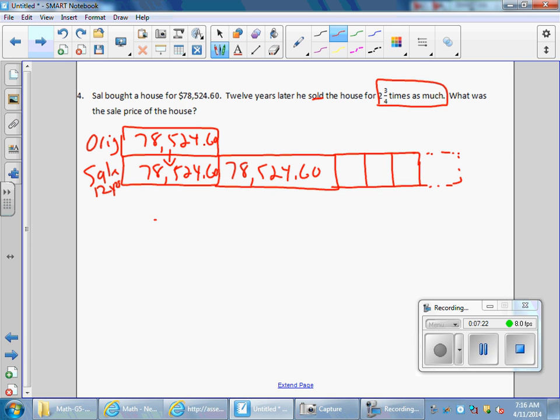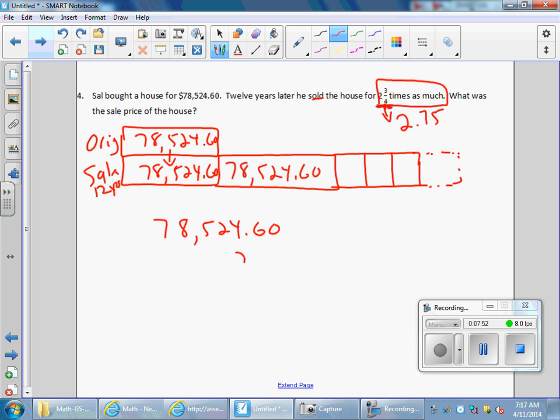I'm going to look at $78,524.60, and I'm going to multiply it. And I think the easier way to multiply this would be to change it to a decimal. That is an easy decimal to work on. 3/4 is equivalent to 75/100.